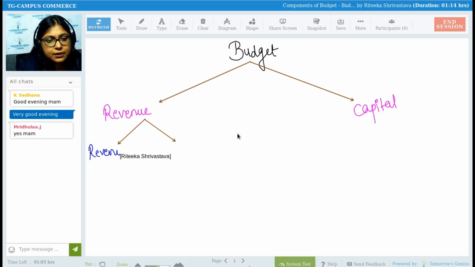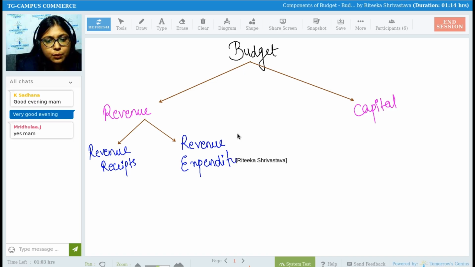It's revenue receipts and revenue expenditure. Capital budget again gets divided into two parts. What are those?